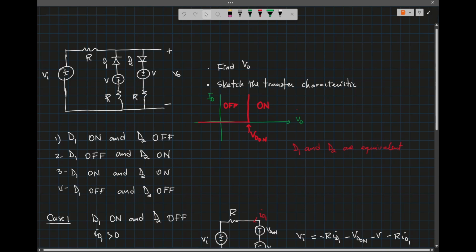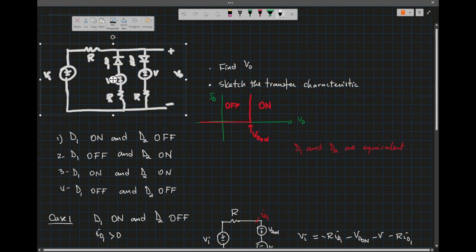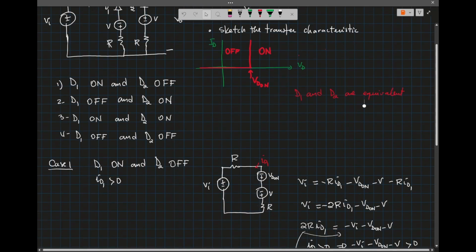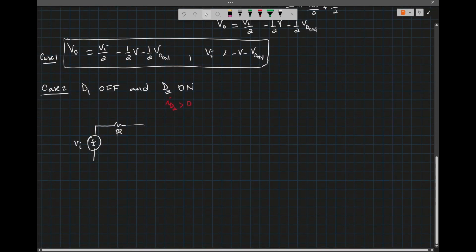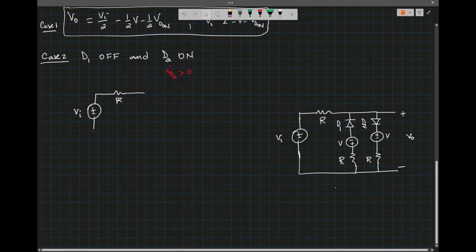I can copy this down and paste it here. So in that case, we have D2, so VD on, and I have V, then I have R, and that's the second branch there.